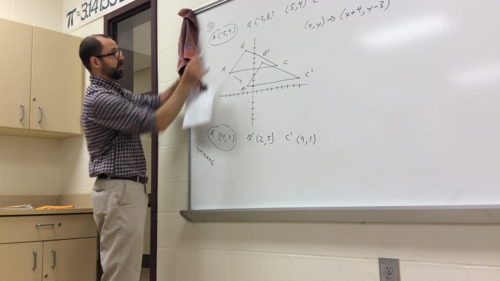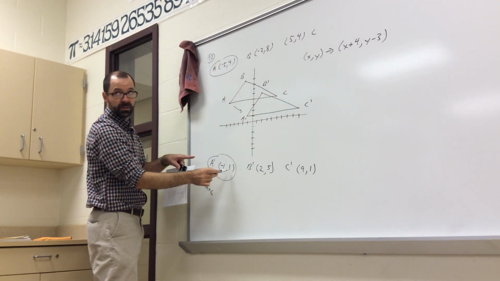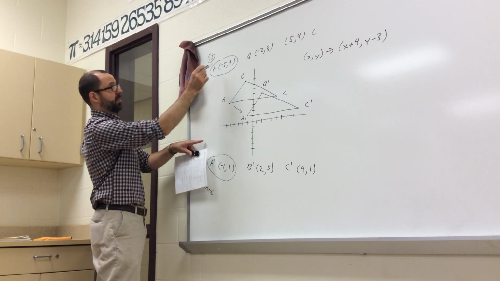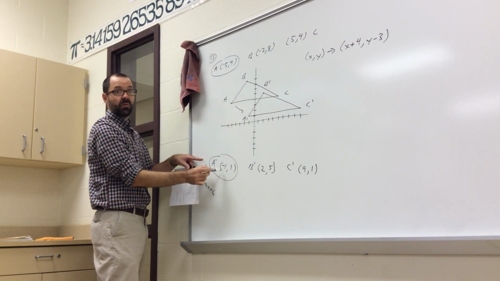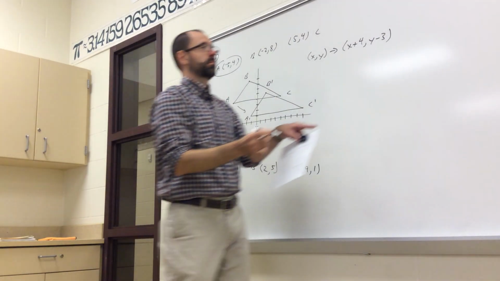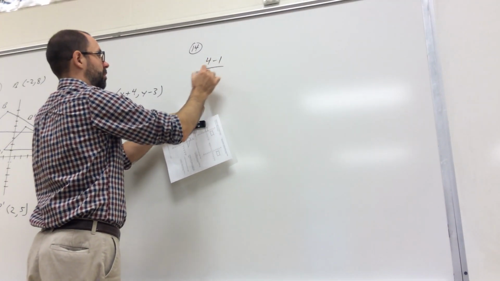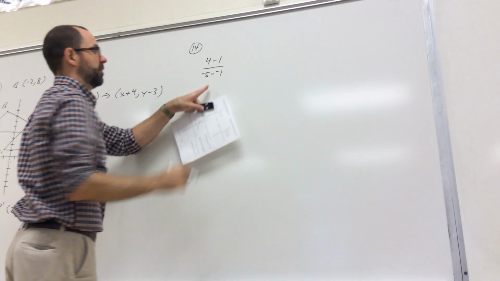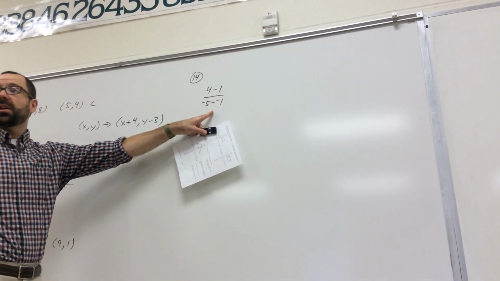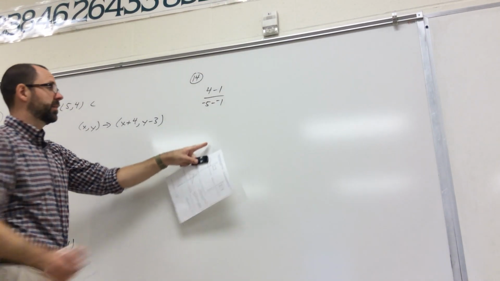So we're going to do 4 minus 1, and then negative 5 minus negative 1. And 4 minus 1 comes out to 3.